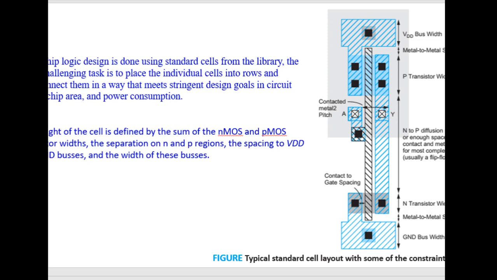So this is VDD, this is ground, this is PMOS area, this is NMOS area, and this is the connecting metal between PMOS and NMOS.